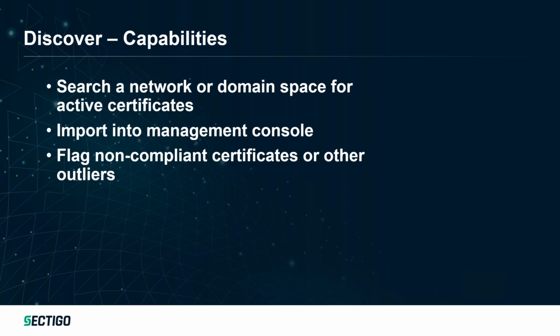And then the other part of discovery is not just getting all of these certificates, knowing that they exist and when they're going to expire, but it's also knowing what they are, right? So are these certificates what we expect? Are they meeting the needs that we've set down for what we want from a certificate?